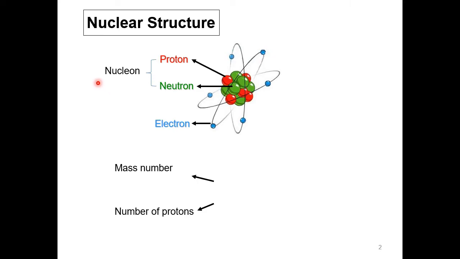Let us look at nuclear structure. The combination of proton and neutron, we call it nucleon. Whereas here is the electron, which is always orbiting along this nucleon.